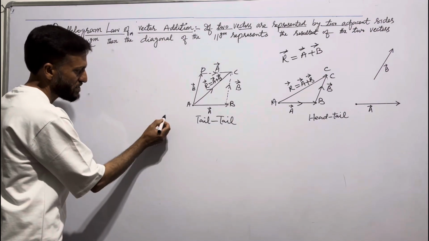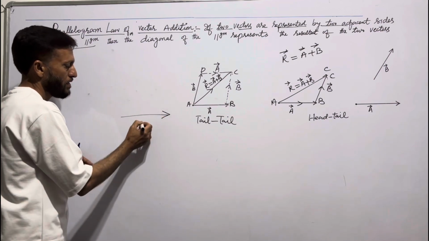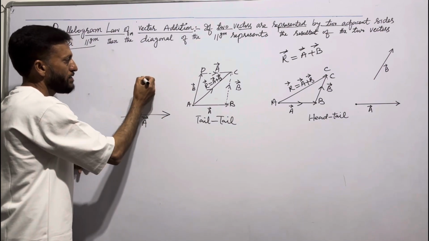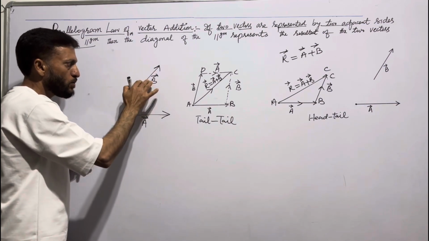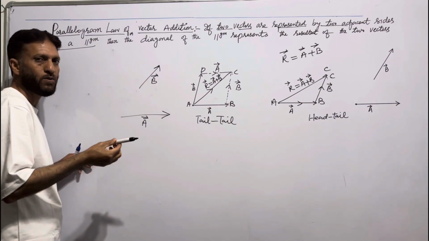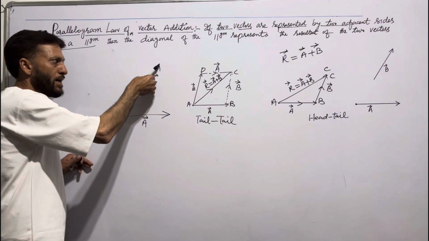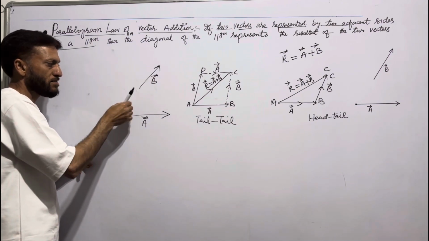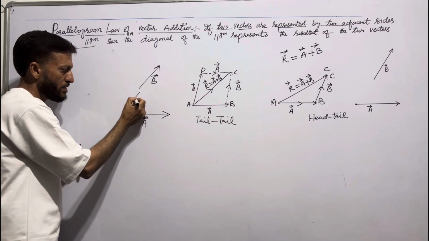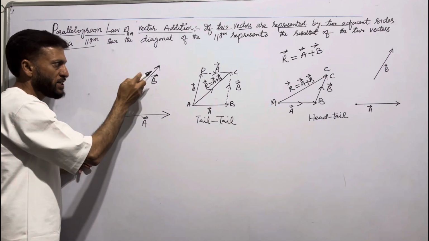Remember, if this is vector A and this is vector B, and I want to add these two vectors, I have to shift one of them. I will shift vector B. In this way, it coincides. I will shift it here without changing direction.